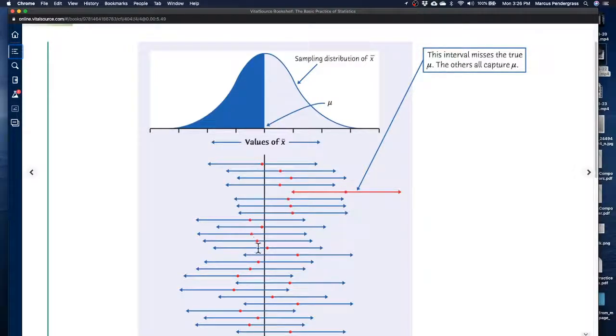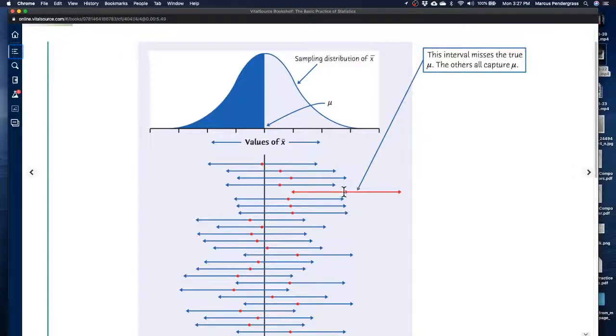Sometimes it's bigger than the mean, sometimes it's less than the mean, sometimes it's a lot bigger than the mean. But the margin is sized to just the degree that, if this were a 95% confidence interval, 95% of these lines would in fact contain the true mean.